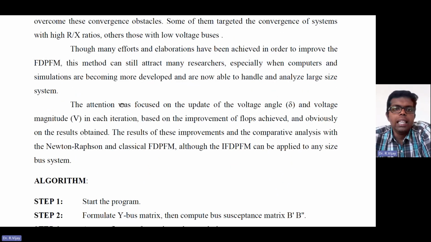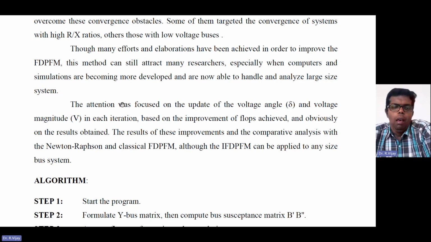This method still attracts many researchers, especially for computer simulations, and it has become more developed, and is now able to handle and analyze large size systems.